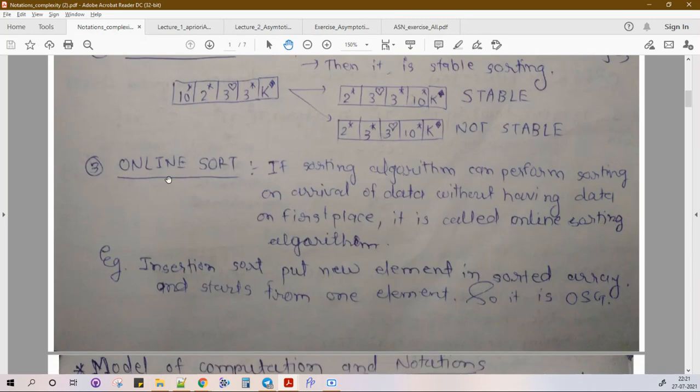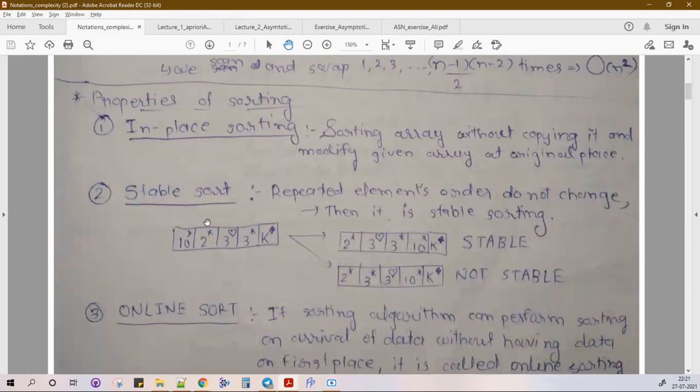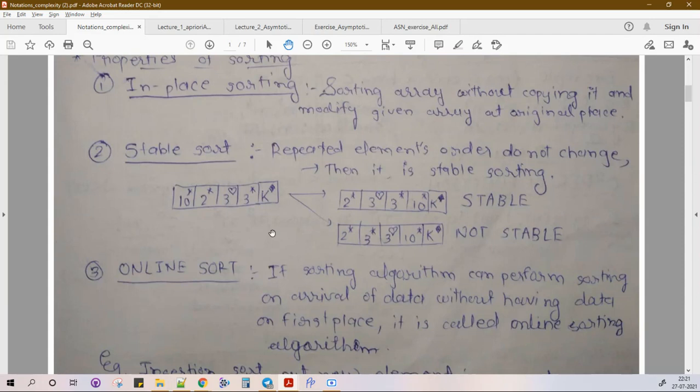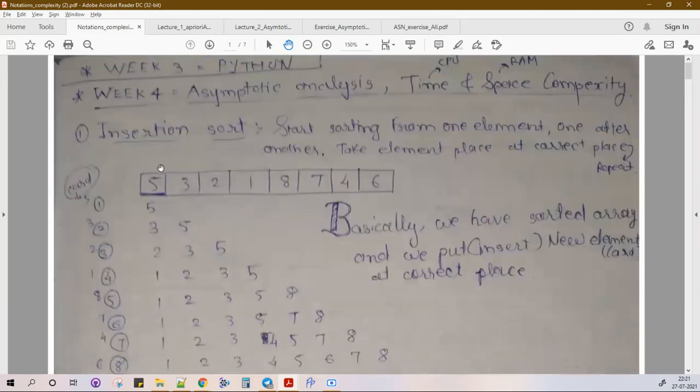Let's see what is the meaning of online sort. Online sort is nothing but we don't know these elements in the first place, right? We are not given this 10, 2, 2, 3, king. I will just give you 10, then I will give you 2, right? So this data is arriving. If a sorting algorithm can perform sorting on arrival of data, then it is called online sort.